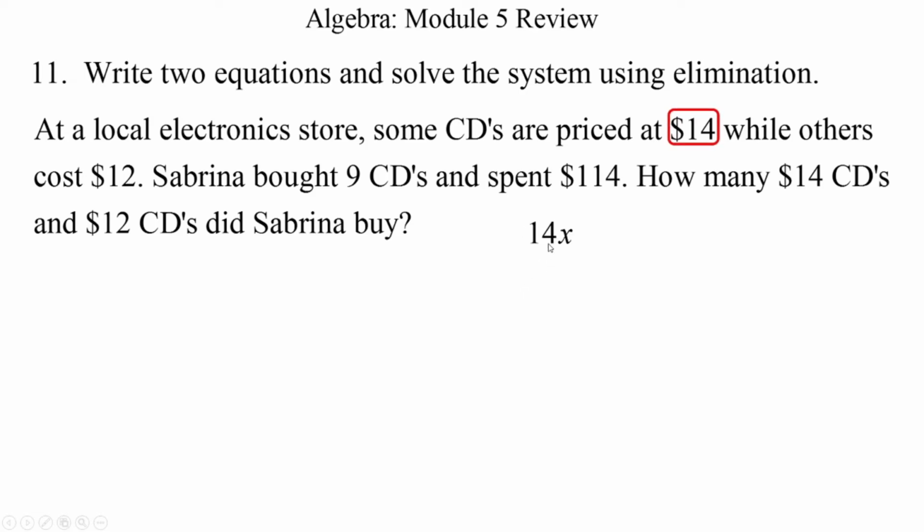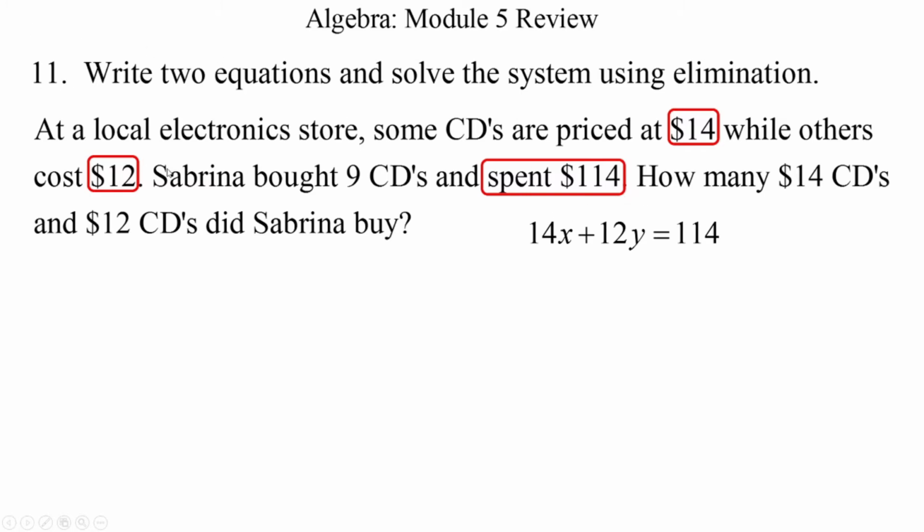So 14 times the number of $14 CDs that I buy, plus 12 times the number of $12 CDs that I buy. And how much did I spend total? Well, I'm going to skip this. I bought 9 CDs. I need to jump to, I spent $114. All right. Now, there is my first linear equation right there.